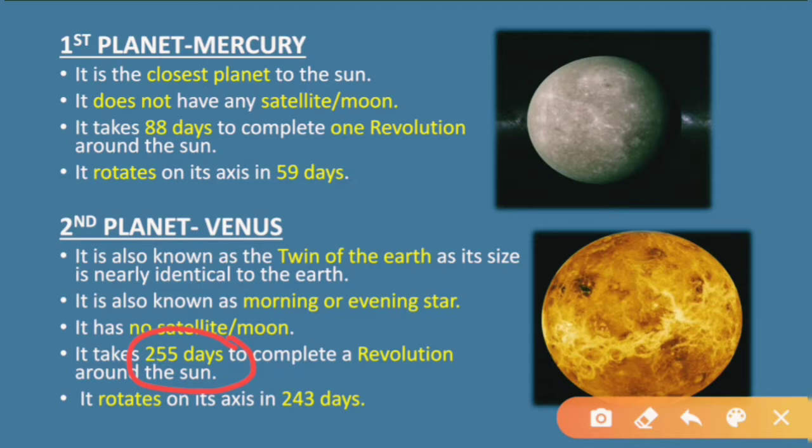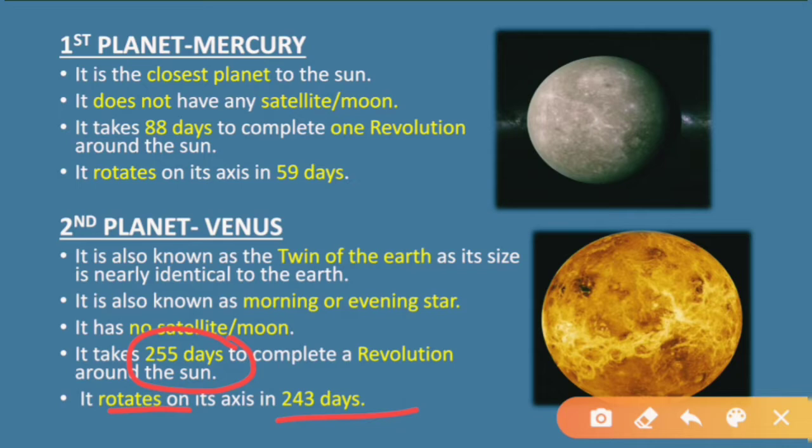It takes around 255 days to complete one circle around the sun, and it rotates on its axis in 243 days. Means Venus rotates in its own place, in its axis, in how many days? 243 days.